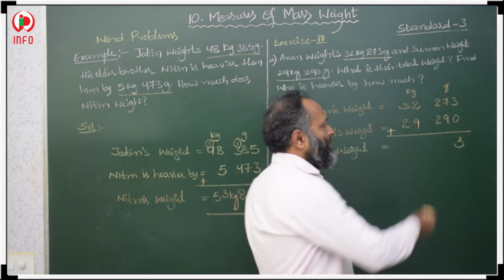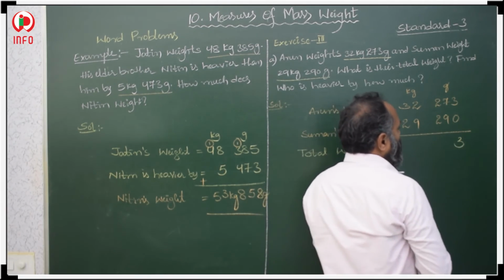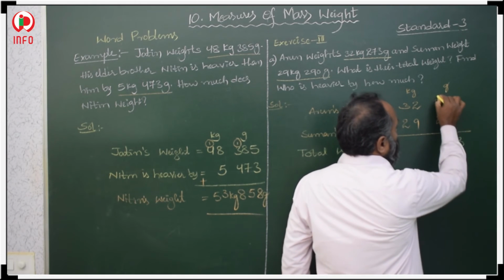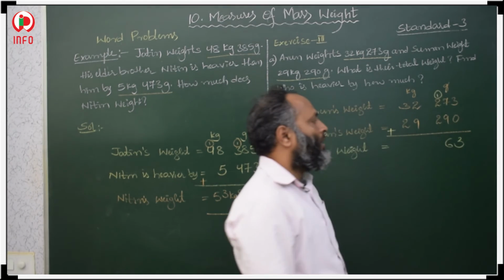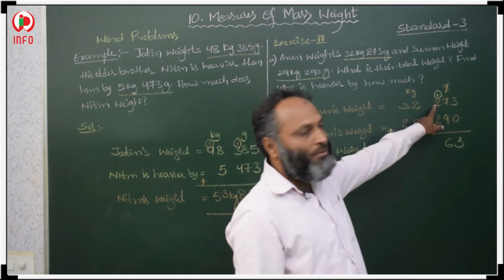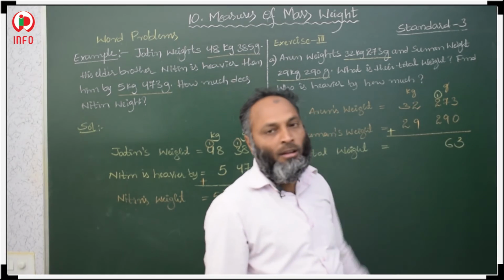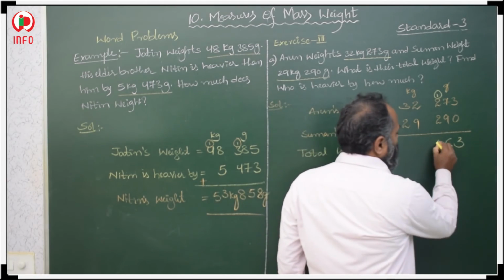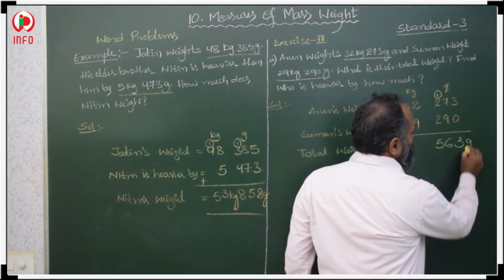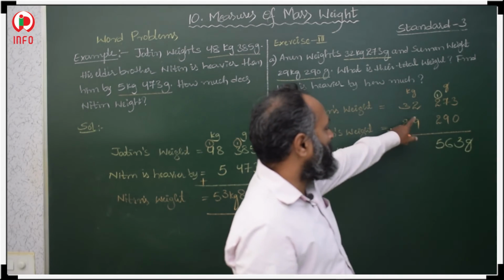It is 16, means 6 tens. 1 we take as carry over to the hundreds place. Now add hundreds places. 2 plus 2 is 4. 4 plus 1 is 5. 563 grams.